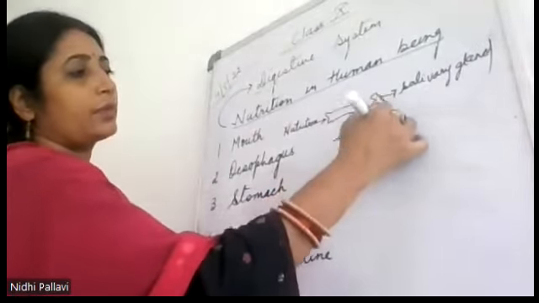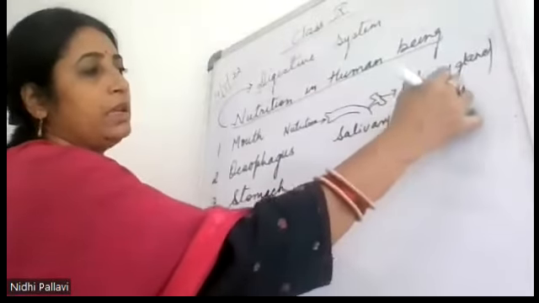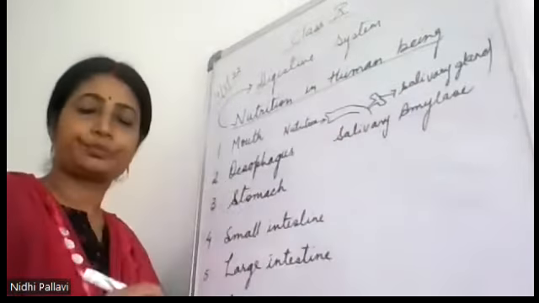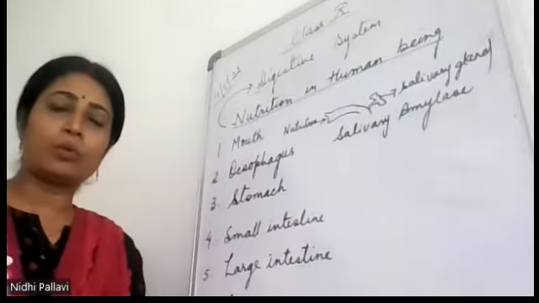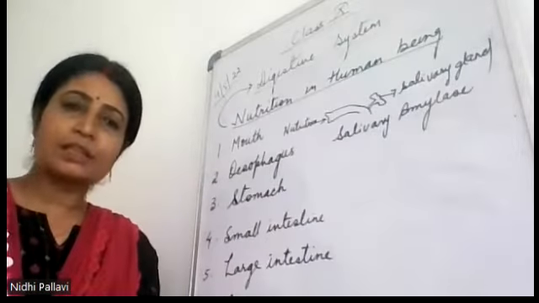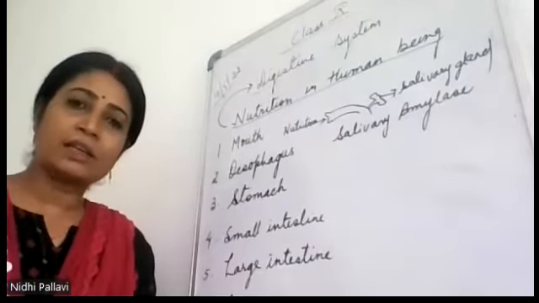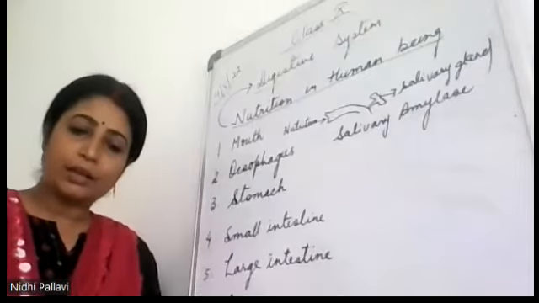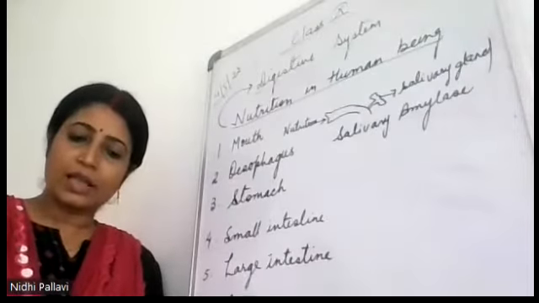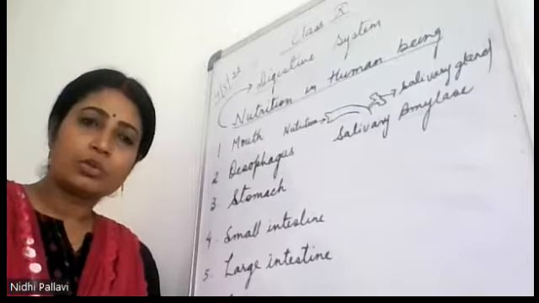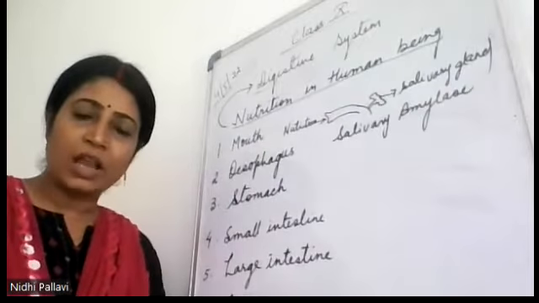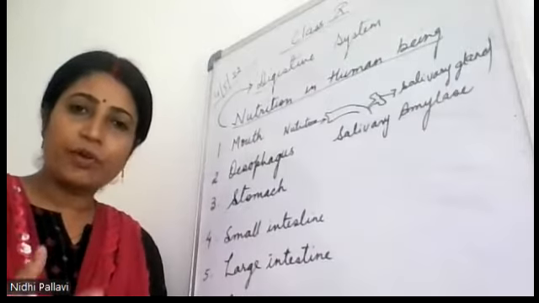Salivary amylase. So what is the work of salivary amylase? What does it do? It acts as a biocatalyst. ये कैसे act करता है? एक biocatalyst की तरह act करता है salivary amylase. Okay, catalyst का काम क्या है? To increase the rate of reaction, to make it faster.